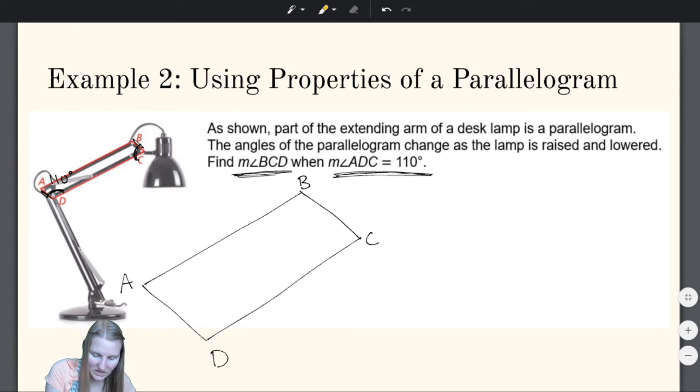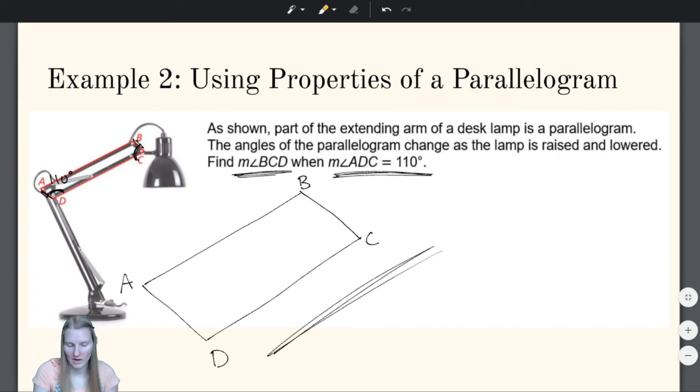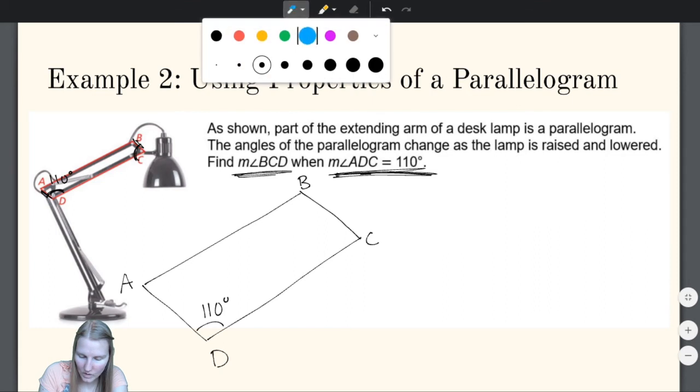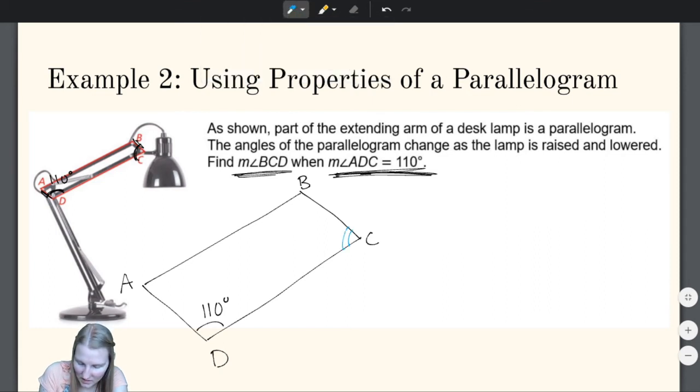Obviously, AD and BC are much shorter relative to AB and DC, but that's okay. It doesn't matter for the purposes that we're working with. We know that the measure of angle ADC is 110, and we would like to find the measure of angle BCD. We would like to find the measure of this angle.